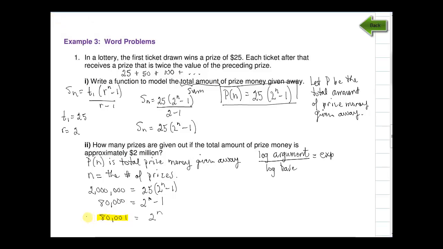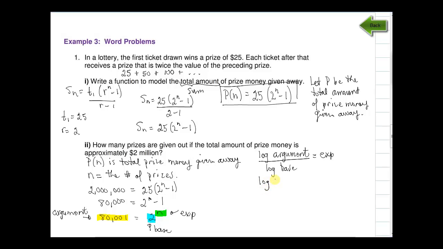So the 80,001 is the argument. Your base is the 2. And the n is the exponent.